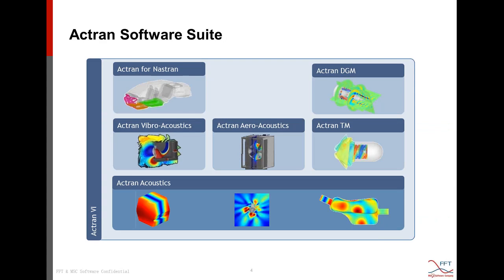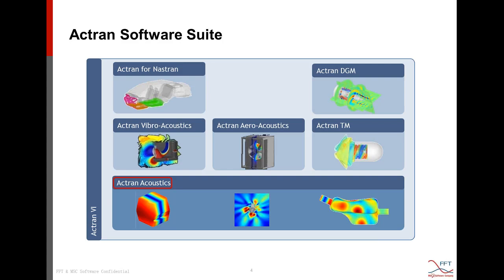So on this page, we will review briefly the Actran modules. Interestingly, Actran has many modules, and all these modules are actually applied in the aeronautical industry to solve different types of noise sources that we have just seen. The basic module of Actran is called the acoustics module.